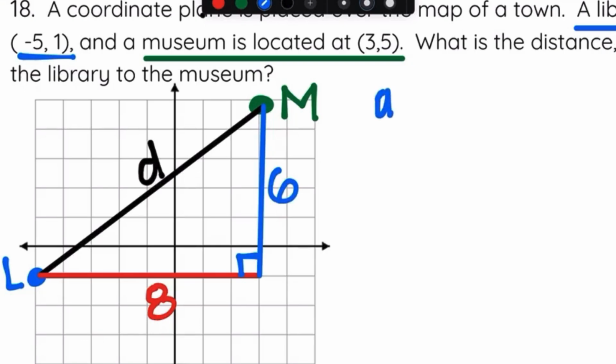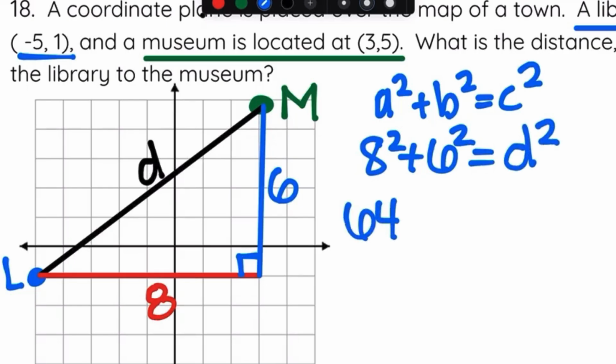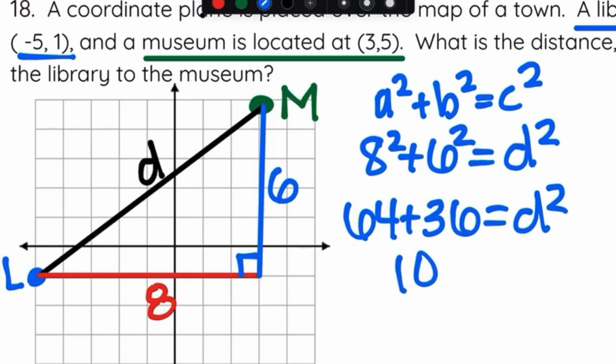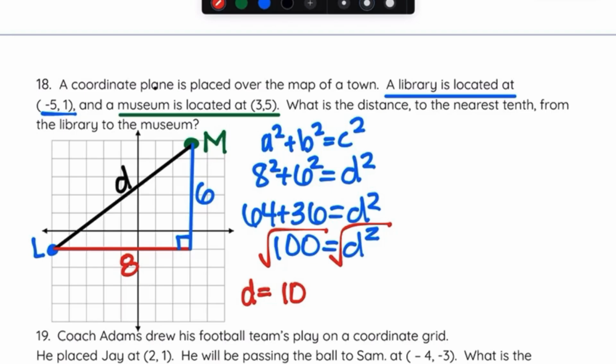And so now when I do the Pythagorean theorem, a squared plus b squared equals c squared, I get 8 squared plus 6 squared is equal to the unknown distance squared. So 64 and 36. D squared is equal to 100. And the only way to get rid of that squared is to do the square root. So D is equal to 10. And again, I was not told any units on this one because I just have it's located at these places, but we're not told anything about distance.